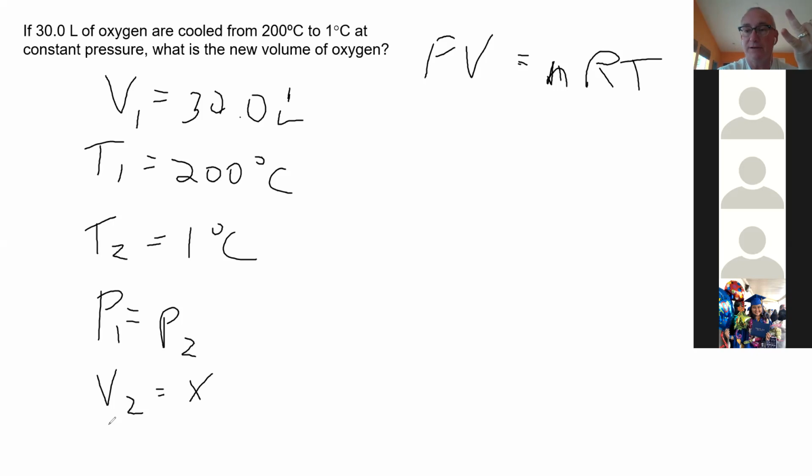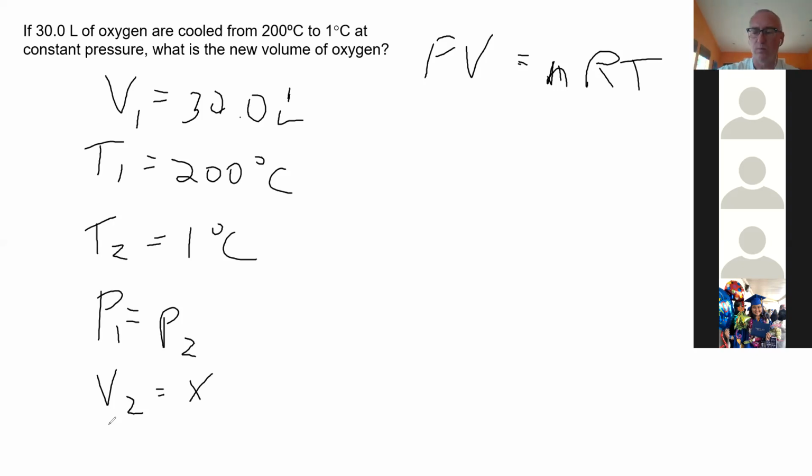Volume is going to be in liters. That's standard for volume. And what's the standard measure for temperature? Kelvin. Right, Kelvin. And we're not given Kelvin here, are we? We're given Celsius, so we need to convert them. So how do we convert Celsius over to Kelvin?